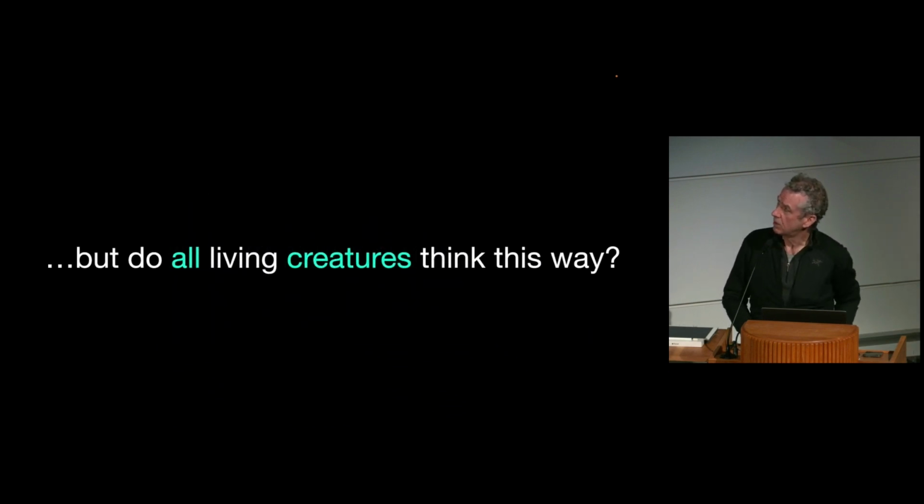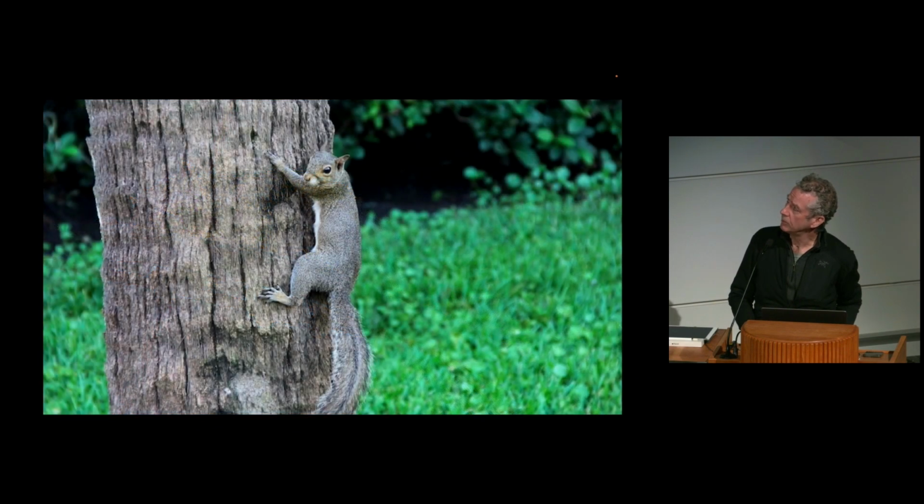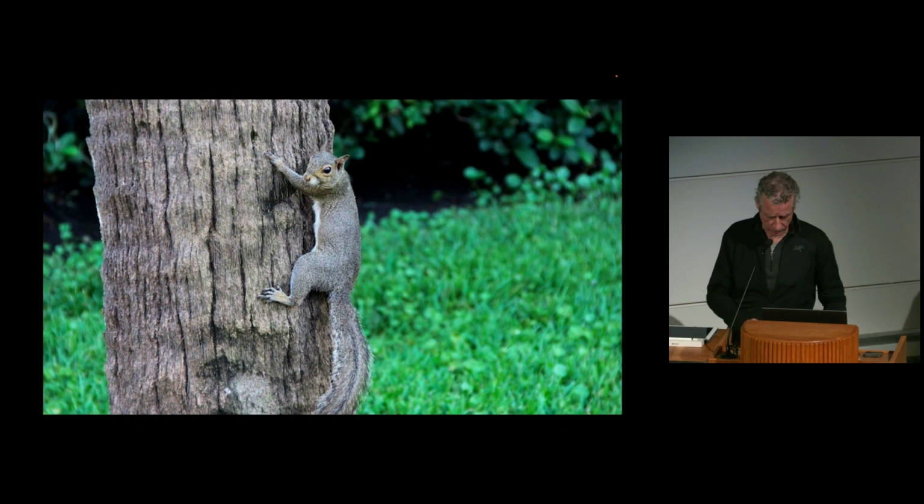So the question is, do all living creatures think this way? And my argument would be no. So squirrels, they move along both axes. They move along the vertical axis as well as the horizontal axis. So going back to Tim Ingold's chapter, they move both up and across.